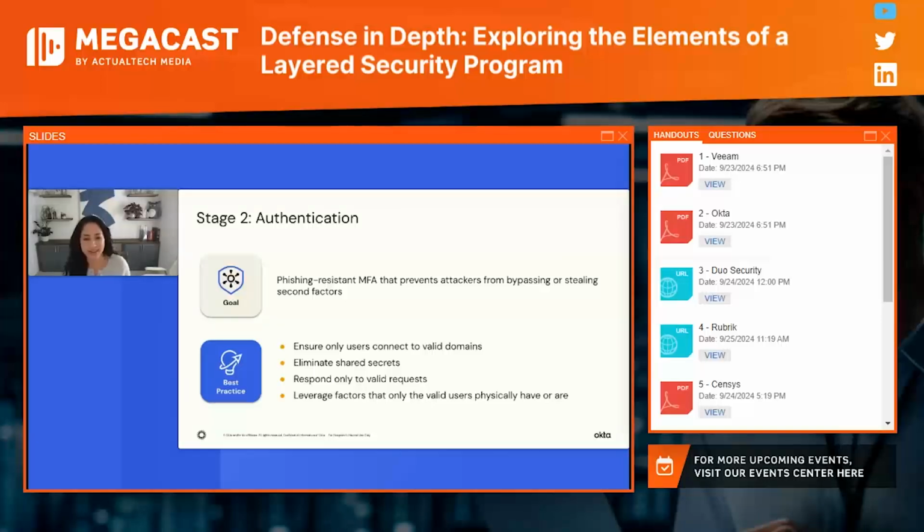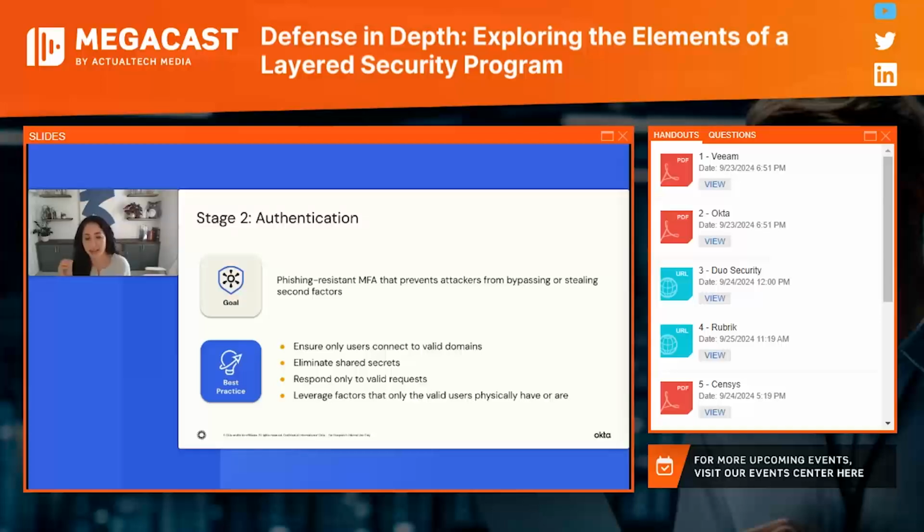And in order to prevent attacks like these, you want to deploy phishing-resistant MFA that prevents attackers from getting around these second-factor authentication tokens. So this means ensuring users only connect to valid domains, including ones created by attackers to capture their second factor, responding only to valid requests from known and trusted parties, eliminating shared secrets like passwords or security questions.